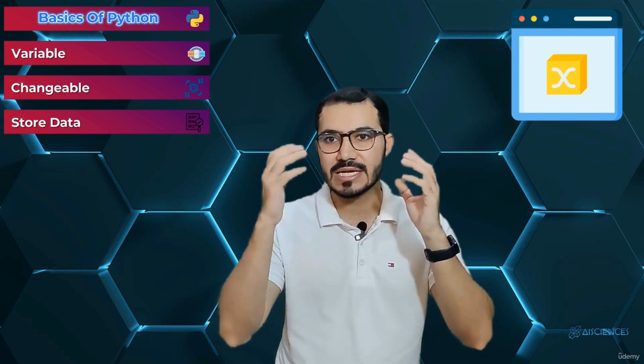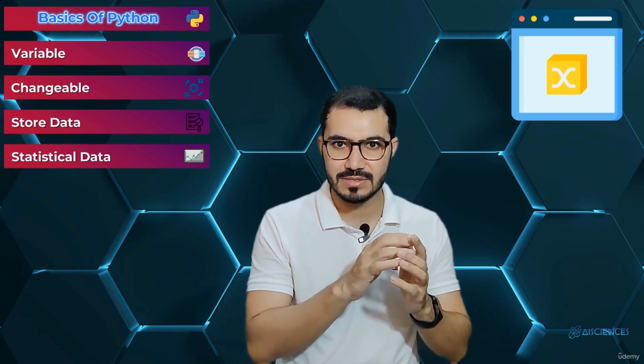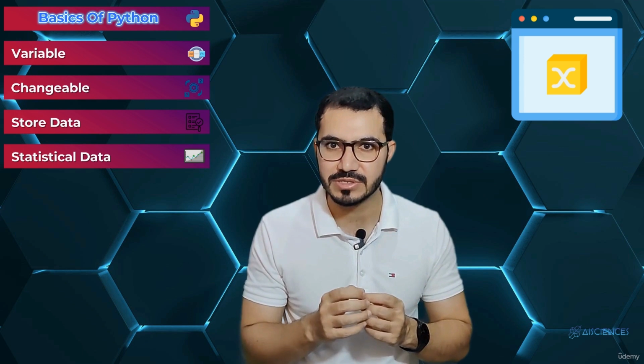Let's try to relate it with the human brain. The most important component of a human brain is memory, where we store the data of our daily routine. Now, data is usually stored in different manners, in different types. For example, we store statistical data, like what is my date of birth? That is data in terms of numbers.